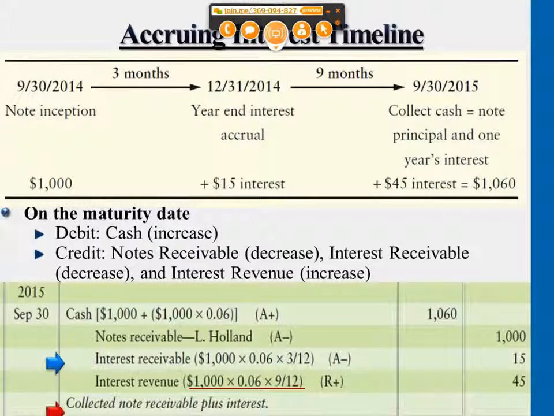Okay, remember all the receivables, later when we collect by cash, we need to reduce receivables, just like accounts receivable collected by cash. Notes receivable here, we're collecting it by cash. So together with interest receivable, the 3 months that we recognized earlier, now we are collecting by cash this $15. We're also collecting $45, which relates to this period's interest.